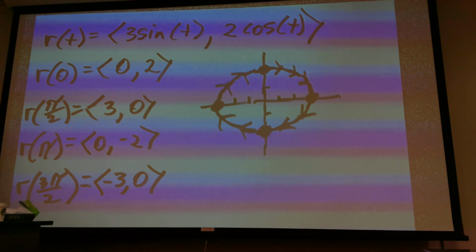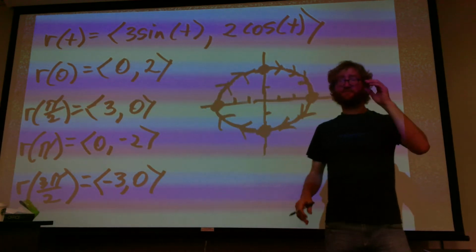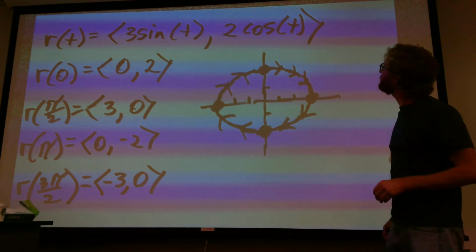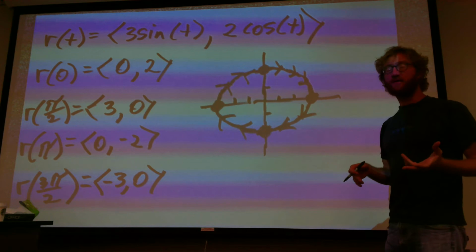So as t grows with time, this is just going to be an ellipse that circles around in this direction. Okay, so that's a couple of examples in a two-dimensional one.